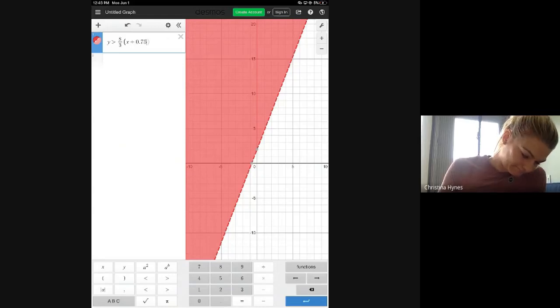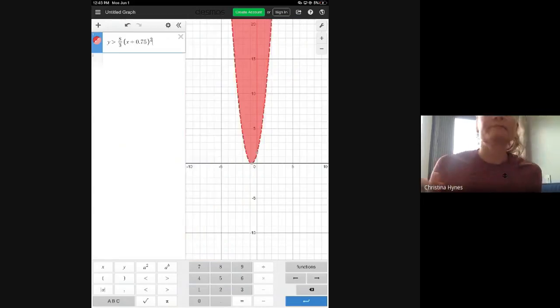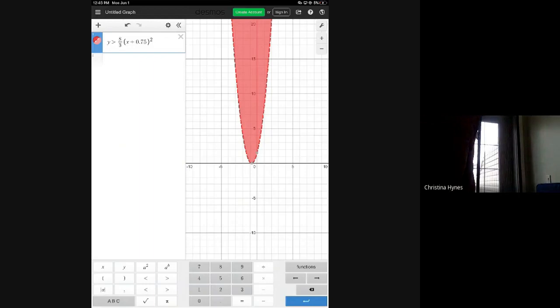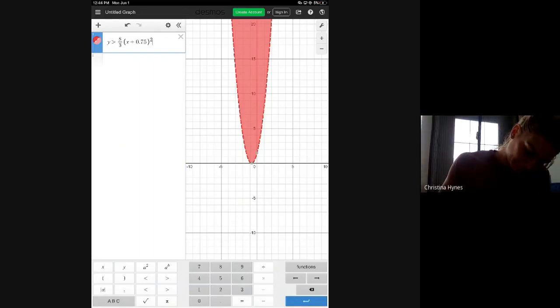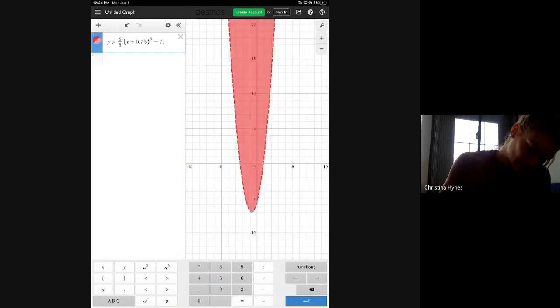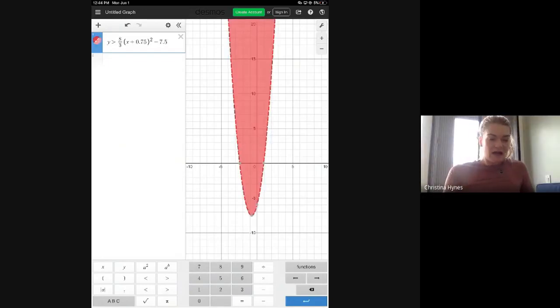I think it was minus 7.5. There you go. So as you can see, I put this into my Desmos and you can see that it's a dotted line with that shaded region being above the quadratic part. So that's how I know that I did this properly.